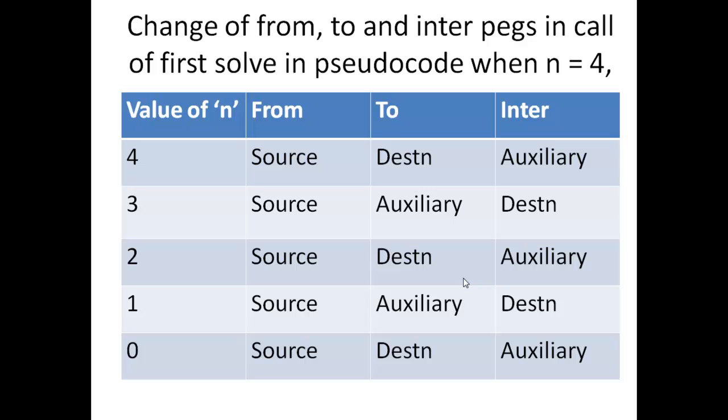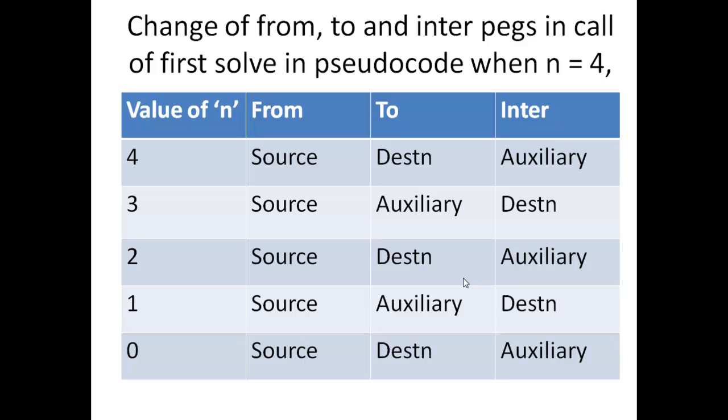So this shows the change of from, to, and inter in each call of solve in the pseudocode when n is equal to 4. If the value of n is 4, we move the disk from source to destination, keeping the intermediate as auxiliary. When n is equal to 3, the disk is moved from source to auxiliary, and we use the intermediate as destination. When the input is 2, it is moved from source to destination, keeping the auxiliary as intermediate.